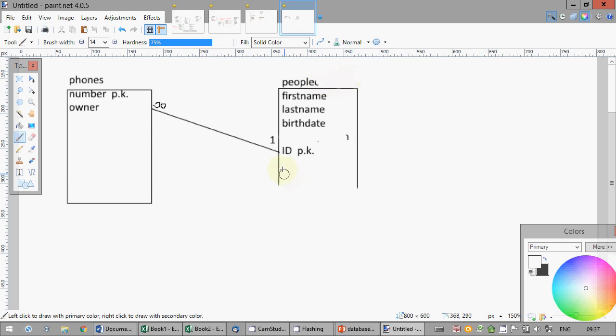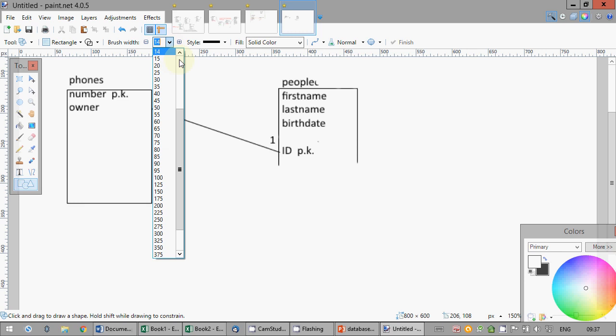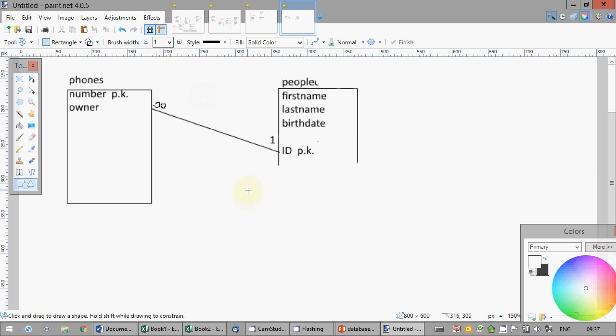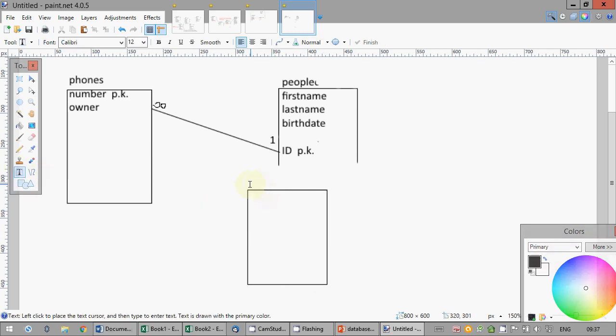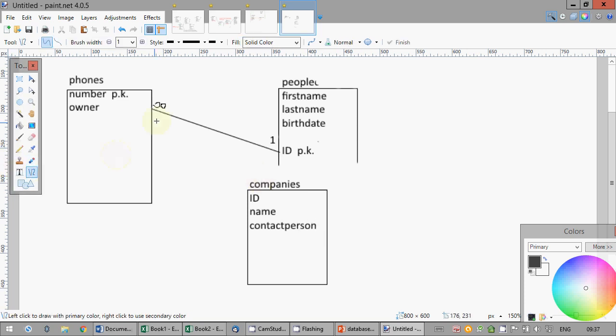Building a table only for people, and then building another table for companies. ID, name, contact person. The relation.